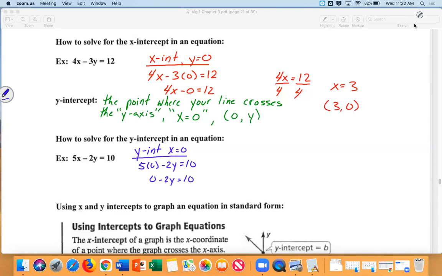Now I want you to notice something, right? 0 minus 2y, isn't that just like negative 2y? See how that just goes away? How do I get rid of times negative 2? So that gives me y equals negative 5. Notice that's the point 0, negative 5. All right?